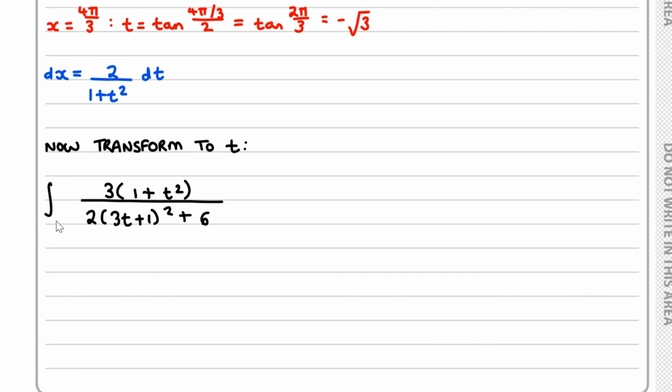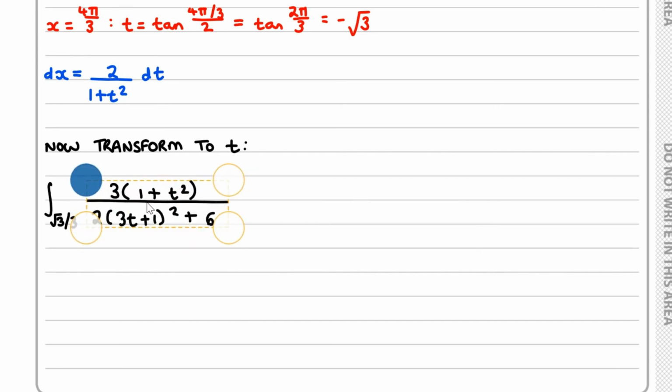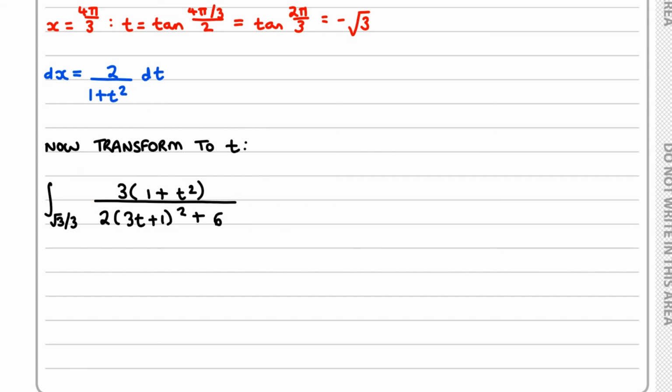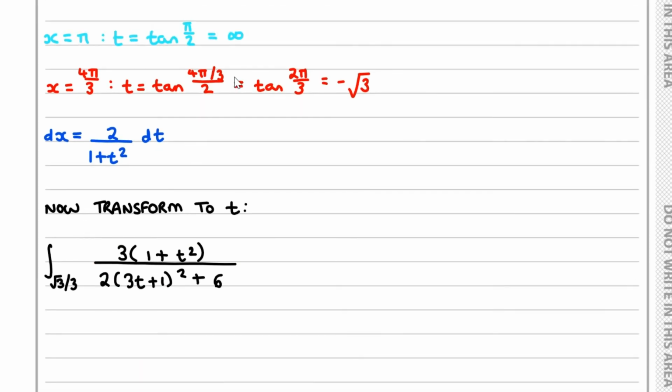So here we've got root 3 over 3. Let's just move this slightly. And then for the upper limit, we'll go off to positive infinity. And don't forget, we need to multiply this by 2 over 1 plus t squared dt. Okay, so just be a bit careful with that.